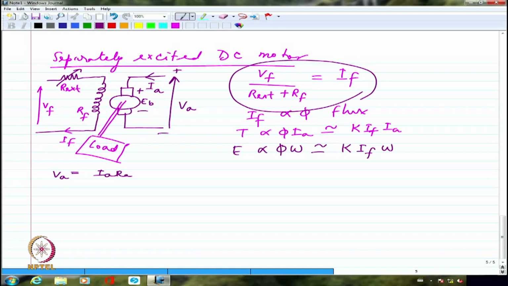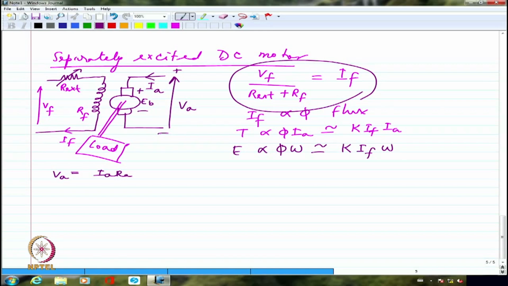And that induced EMF we call the back EMF or counter EMF. That counter EMF cannot be dominating over the applied voltage. If it is dominating over the applied voltage, the entire action of the machine is killed. It's not going to have any current. So necessarily that voltage is slightly subdued or less than whatever is the applied voltage.